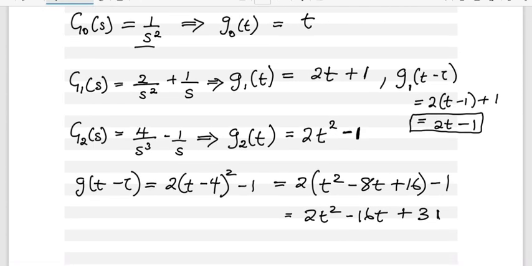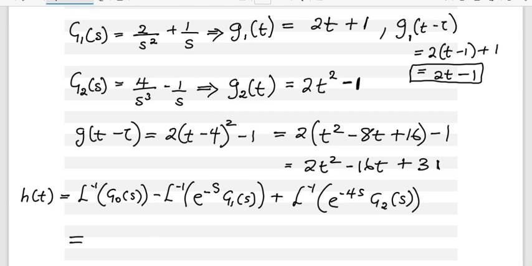So let's rewrite the function, which is h of t, will be the Laplace inverse of this, and this we've already found. There was no change at this point, so this is just our t. Then minus, here there is a change at point 1, which is u of t minus 1, and then here should be our g1 of t minus tau, and that we already found to be this, 2t minus 1.